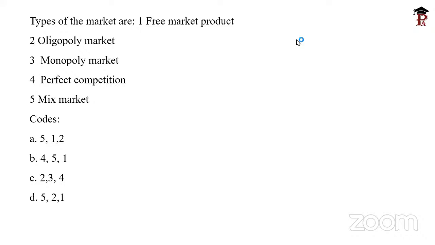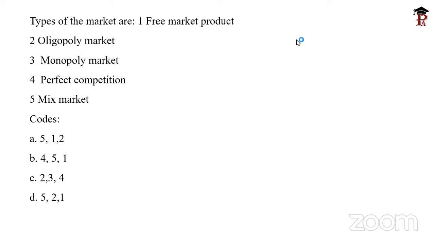I'll repeat myself. Types of market are, first is free market product, then we have oligopoly, third is monopoly, fourth is perfect competition, fifth is mixed market. Okay, the given codes are A 512, B 451, C 234, and D is 521.